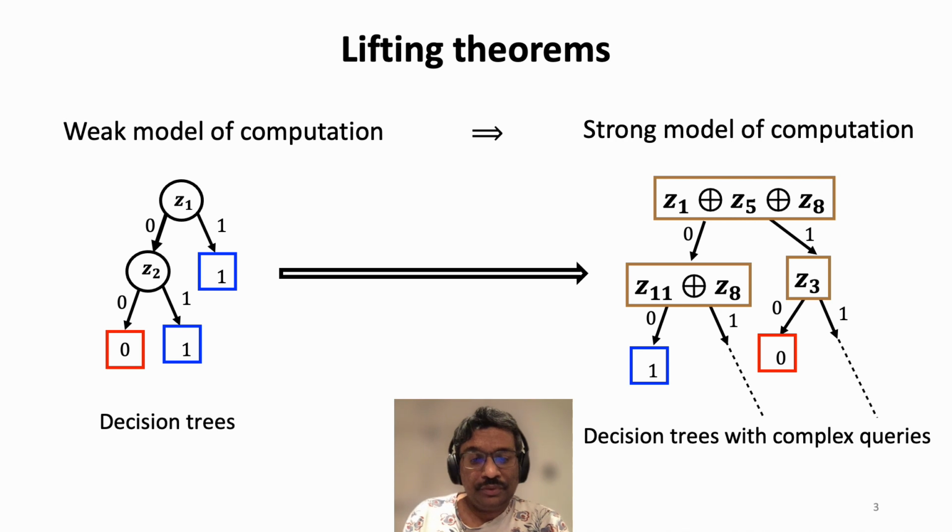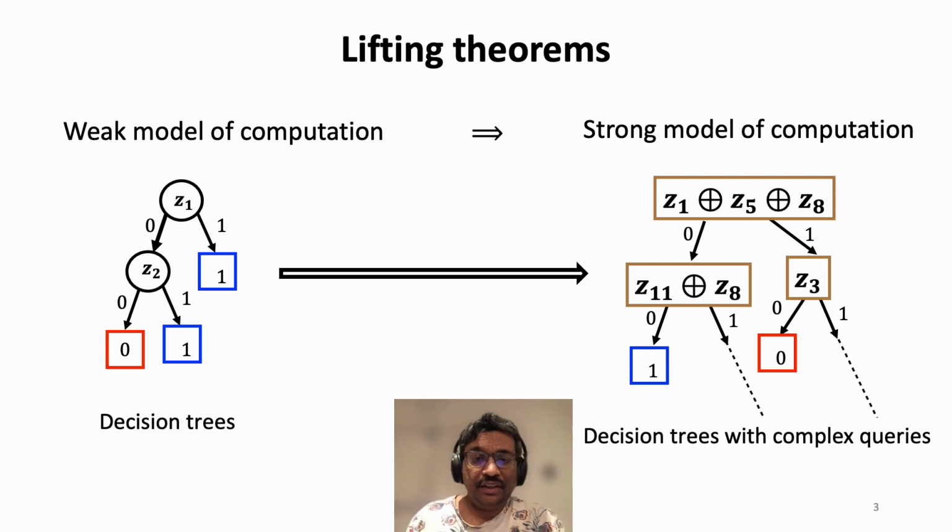Another strong model of computation that one might consider is decision trees with more complex queries. Here we have the example of parity decision trees. In parity decision trees, instead of having queries to individual bits, you can have queries which ask for the parity of a subset of input bits.